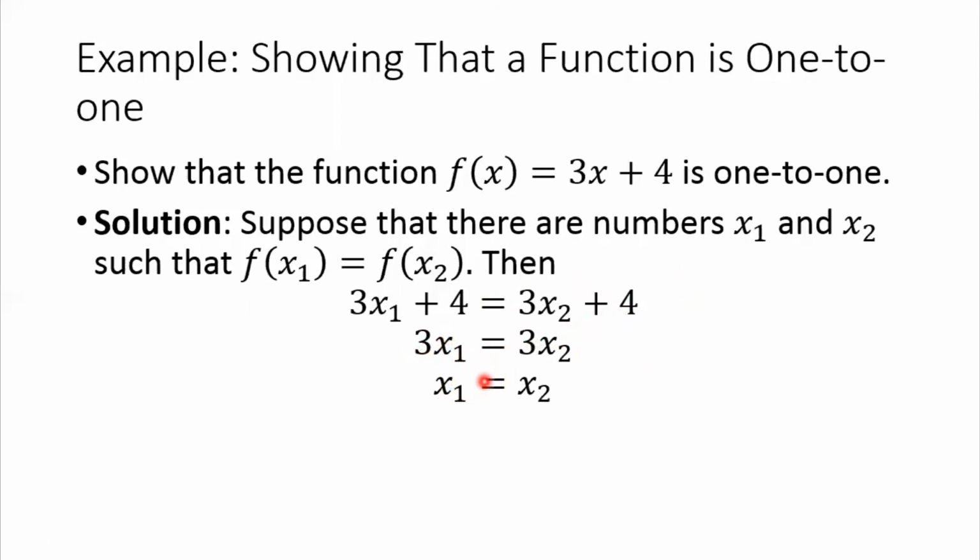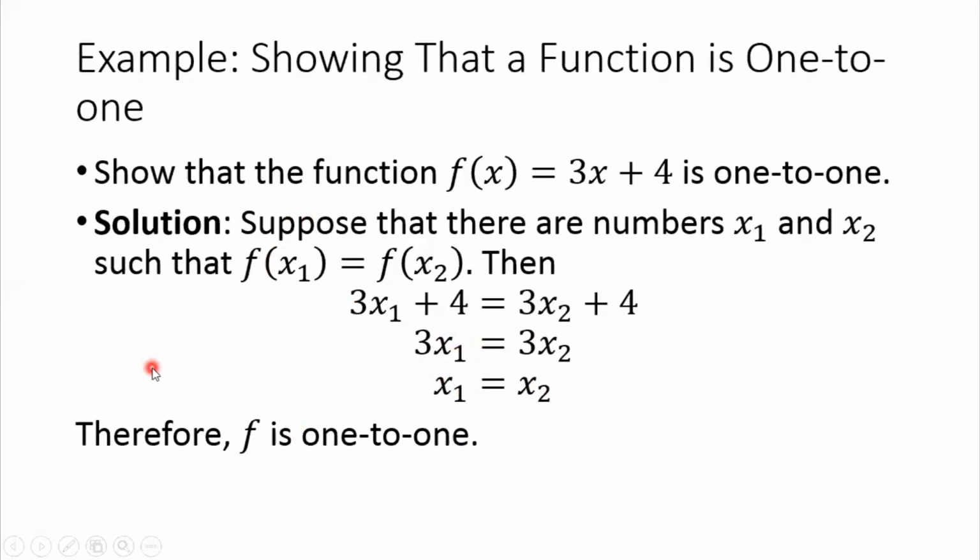That means that there is only one distinct element in the domain, and that element corresponds to only one element in the range. That's why x sub 1 is equal to x sub 2, and f of x sub 1 is equal to f of x sub 2. So therefore, f is 1 to 1.